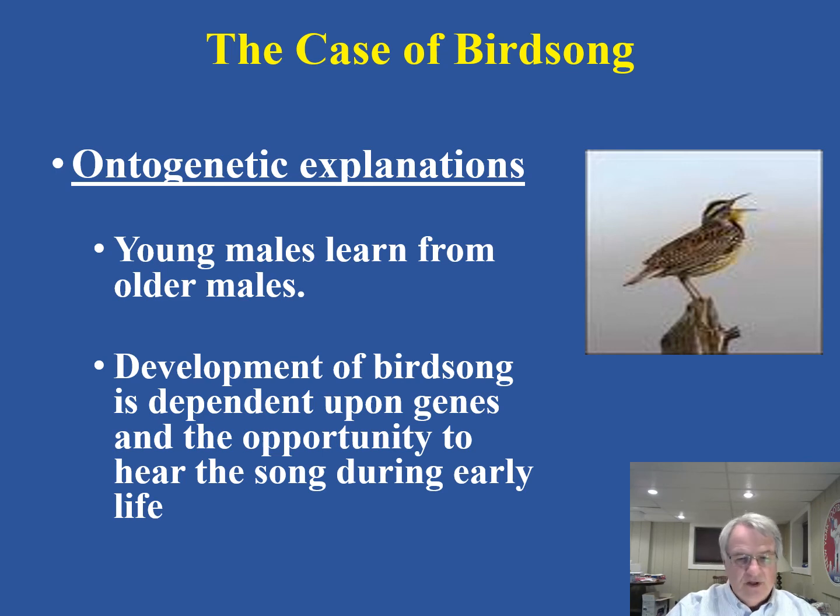Clearly, the opportunity to hear songs from older males is very important in terms of the development of that singing behavior. So again, this is a level of explanation that we call the ontogenetic level of explanation. Experience. How does experience play an important role in terms of the development of that singing behavior?